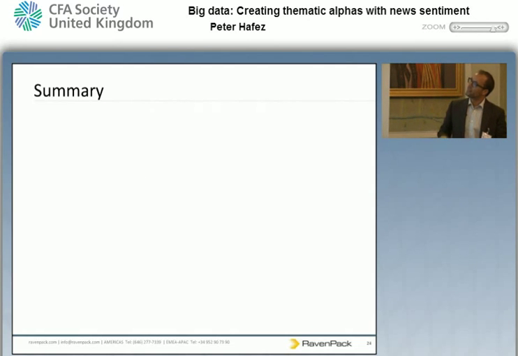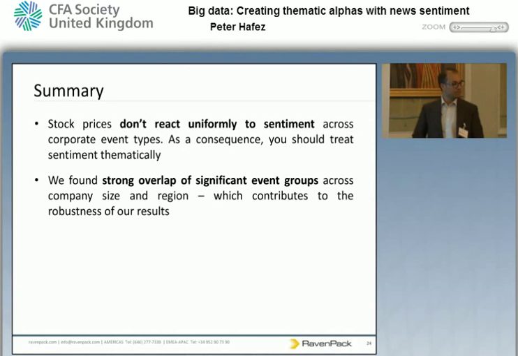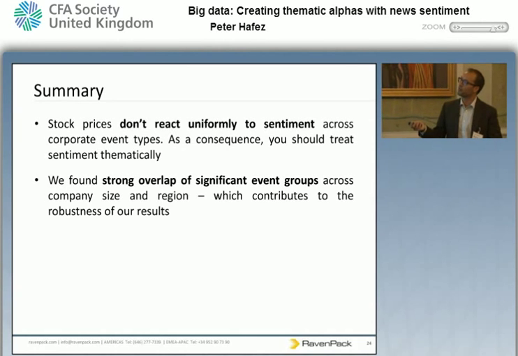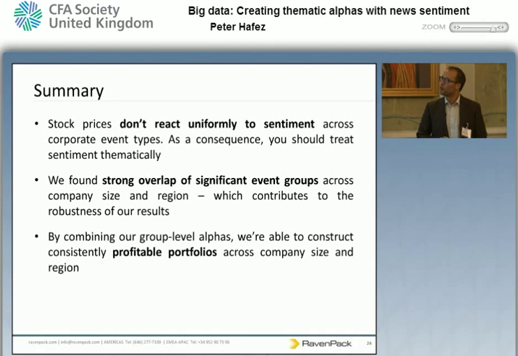So, in summary, stock prices don't react uniformly to sentiment across corporate events, and therefore you can benefit from treating it thematically. That's message number one. We find strong overlap in terms of what event groups we find to be statistically significant, and we do that both across size and region, which we believe adds to the robustness of our approach.